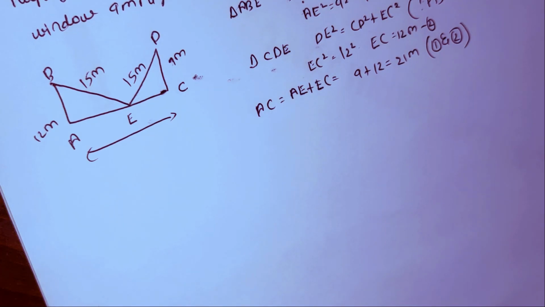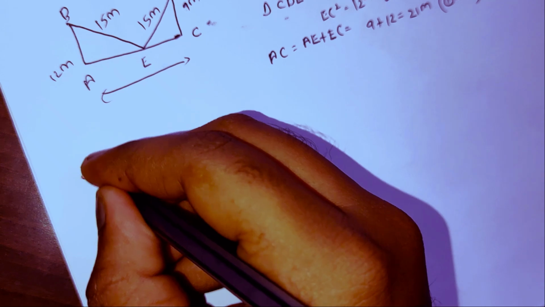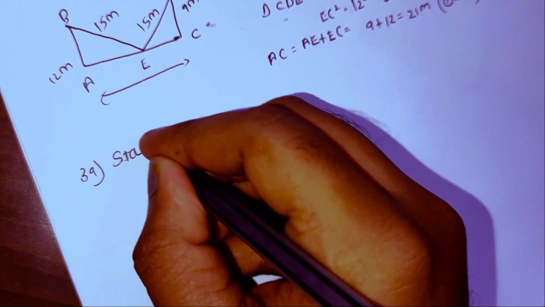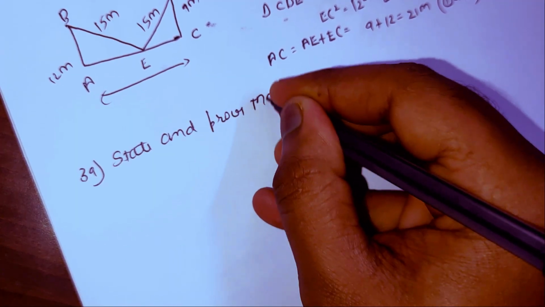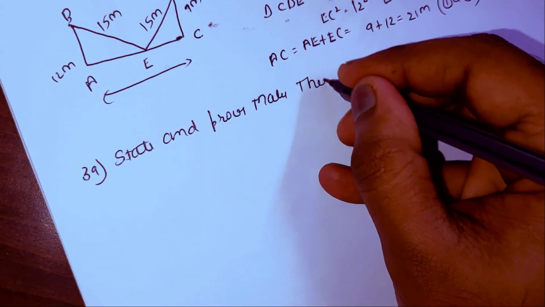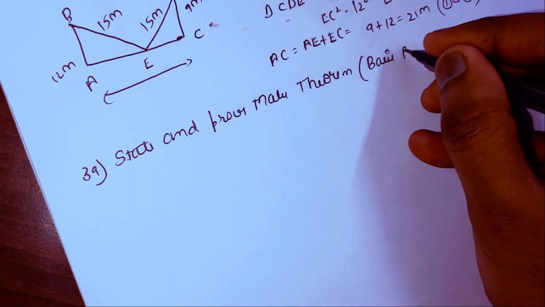Now we will move into the 4 or 5 mark questions. These are proving questions. 39th question. State and prove Thales theorem, or this question can come in one more form, that is basic proportionality theorem.